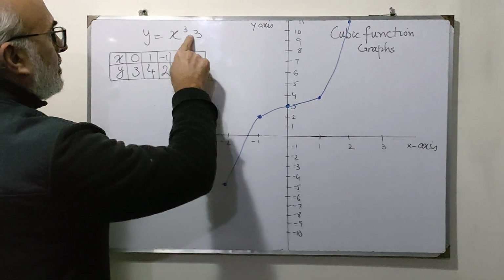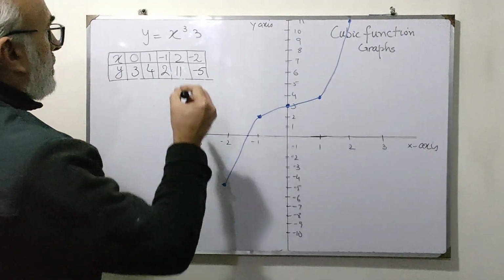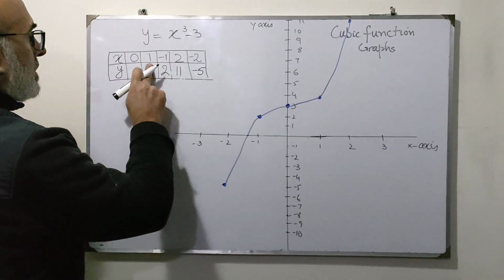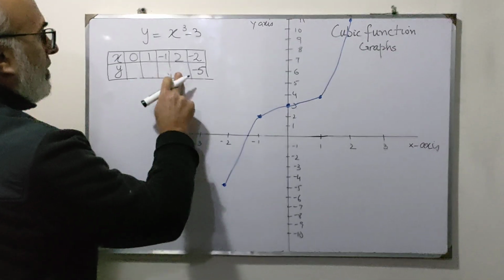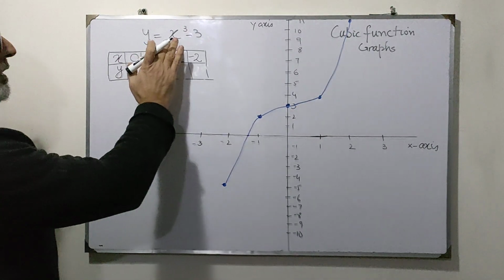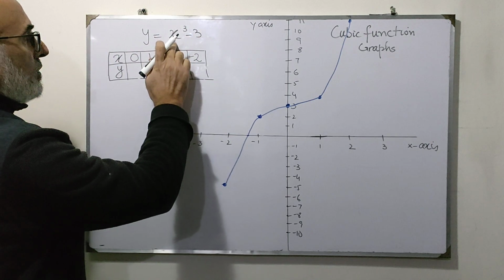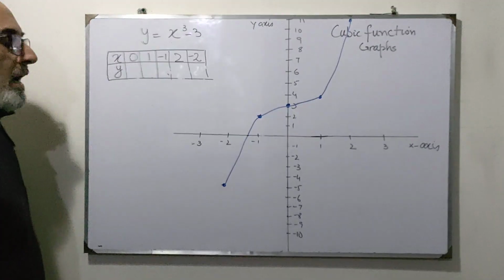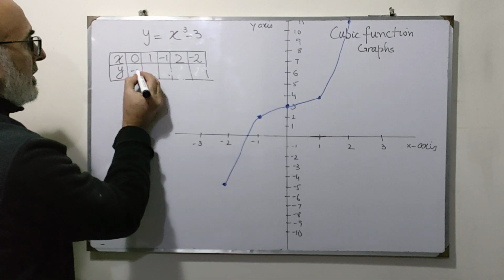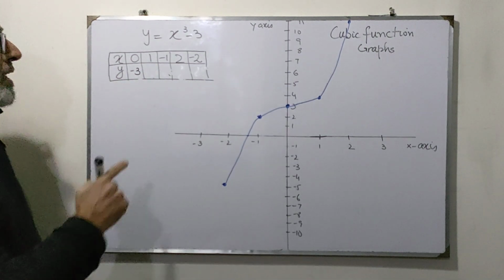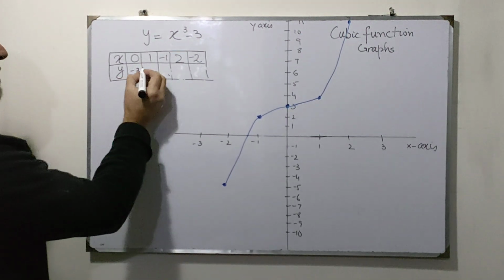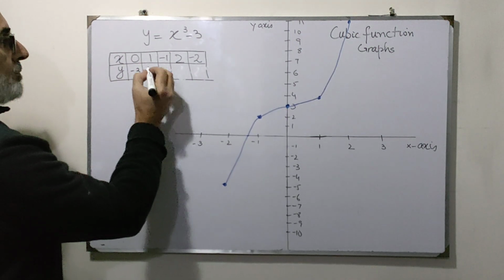Instead of plus 3, what I'm going to do is minus 3. So what change do we get for the y values? If I take 0, and 0 minus 3, it's minus 3. 1 and minus 3, it's minus 2.